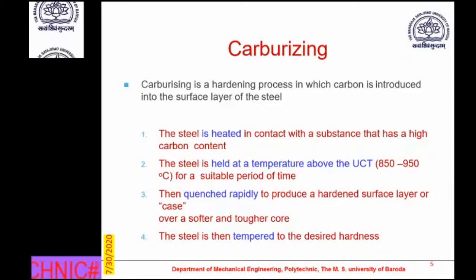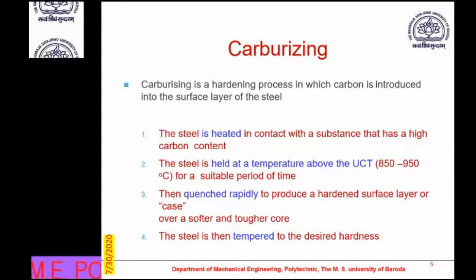This coated material as a whole is heated to a temperature up to 950, that is, the upper critical temperature. It is held for a suitable time. Thereafter it is quenched and finally it is tempered to give the required hardness. Okay, so this is about the carburizing process.